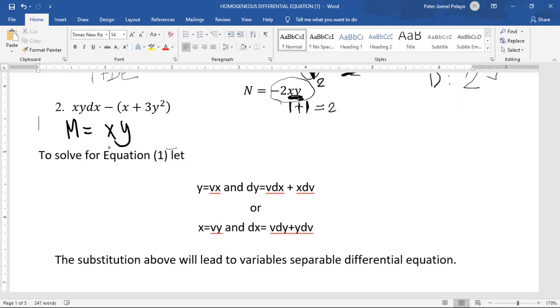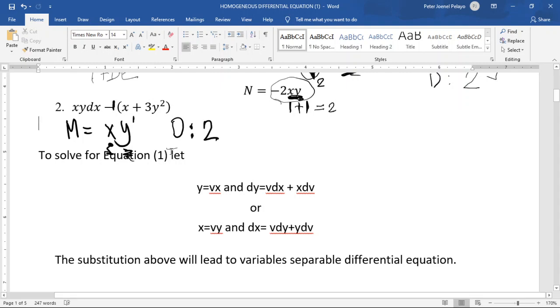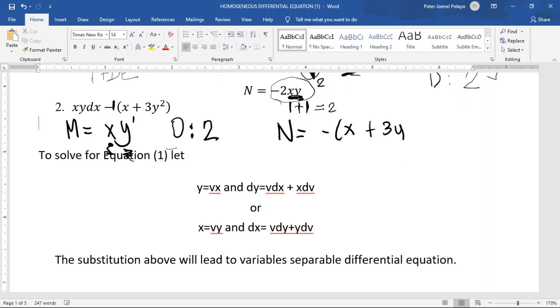Now, x has a degree of 1. Y has a degree of 1. So, ang degree ng M natin ay 1 plus 1, 2. Okay. So, how about yung N naman natin? N will be equal to negative the quantity x plus 3y squared, or we can simplify it to negative x minus 3y squared.